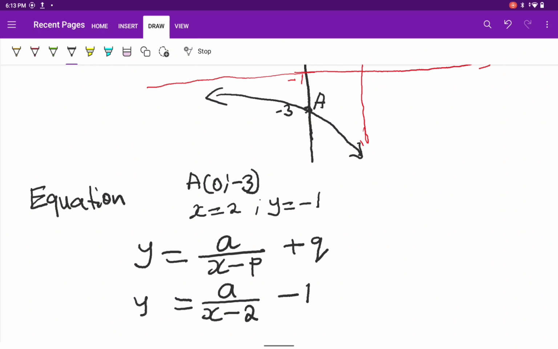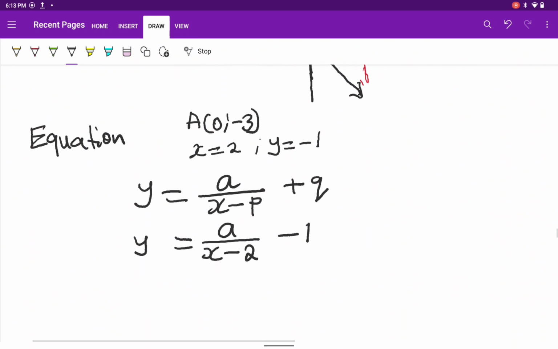Right, so this is our equation, and then we want the value of a, so we'll substitute our point A, which is at 0 and -3. So the y value is -3, and we're looking for this a, and the x value is 0, minus 2, minus 1.